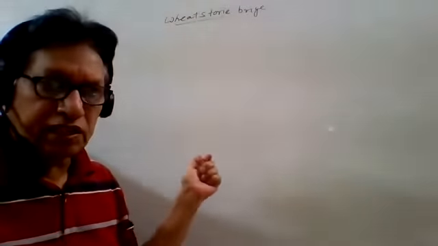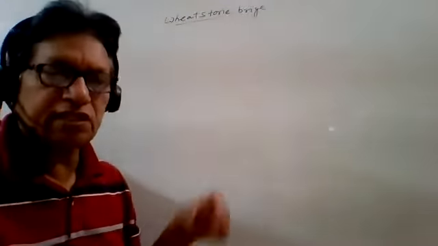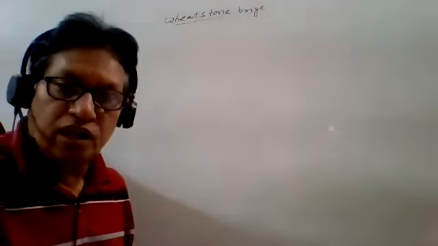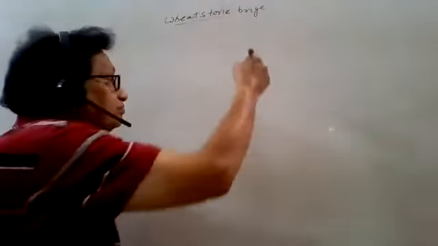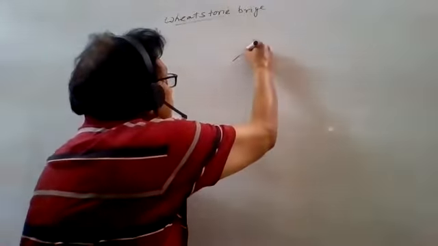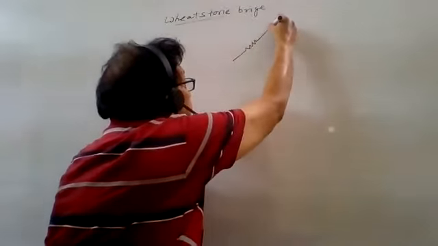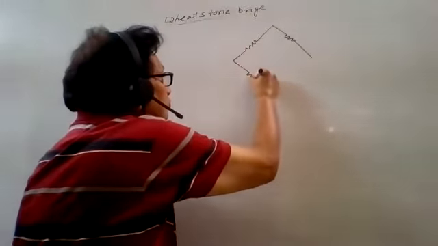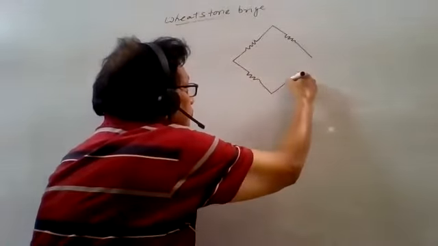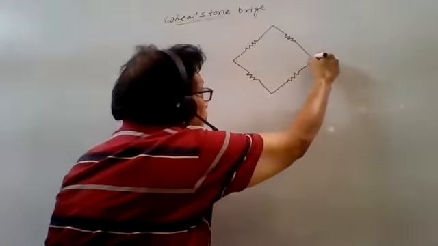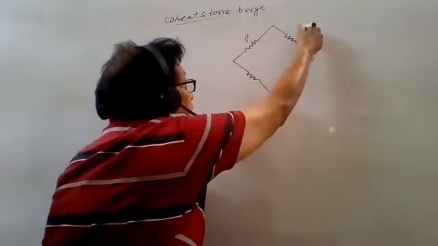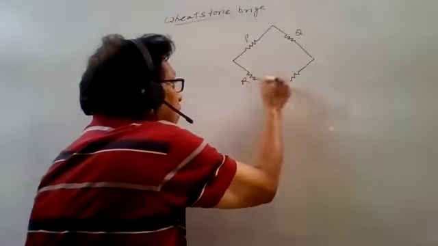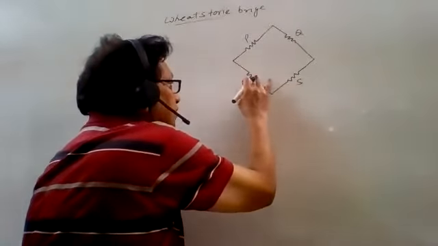Wheatstone arranged 4 resistances in the form of a bridge like this. Here P, Q, R and S. There are 4 resistances here.